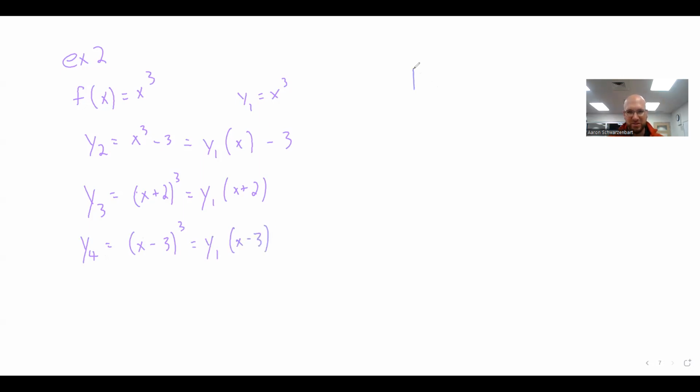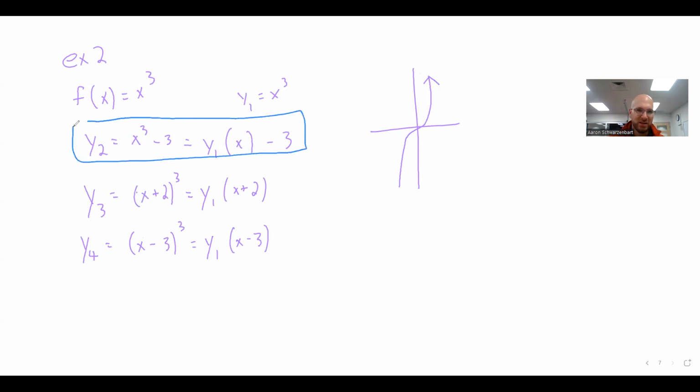So my original cubic looks like this. This one, I got a minus 3, so I'm going to shift it down 3. This one, I got a plus 2.